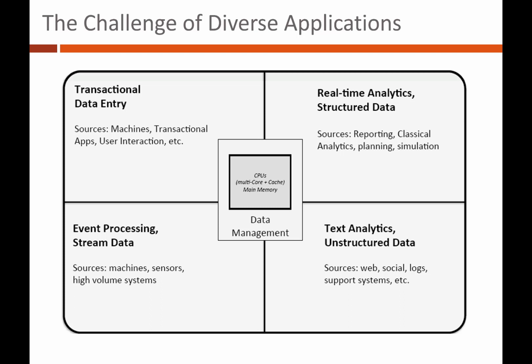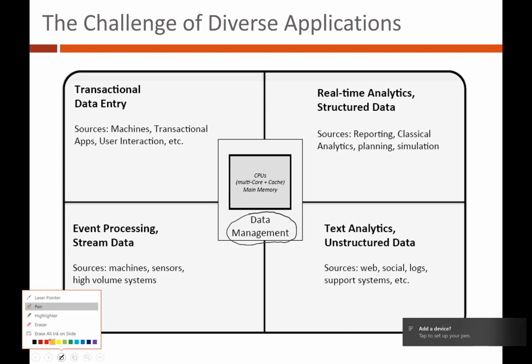So one of the challenges that we face in a contemporary organization is there are lots of different types of data that we might find ourselves having to handle within an organization. So this slide, you'll notice right here in the center, it talks about challenges related to data management.